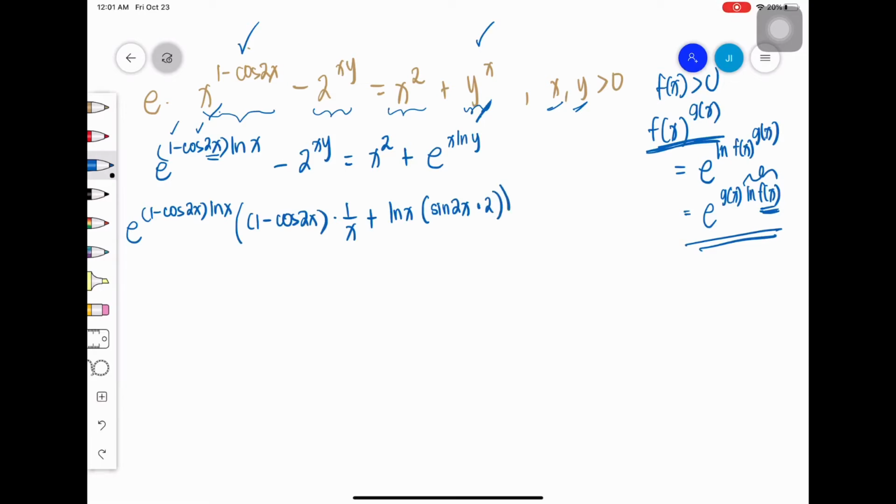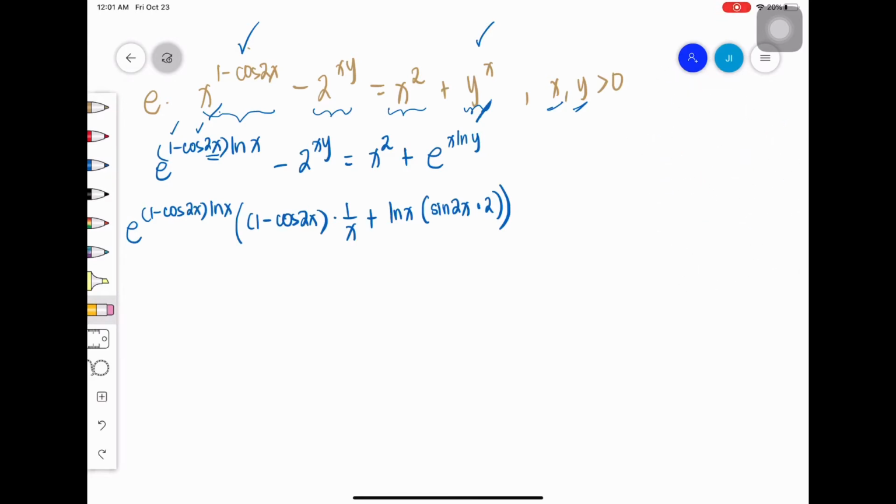Okay? So that's for the derivative of the first term. How about the second term? What's the derivative of minus 2 raised to xy? So recall that the derivative of a raised to a function of x, say u, is the same as itself, ln of the base, multiplied to the derivative of u with respect to x by accounting chain rule.